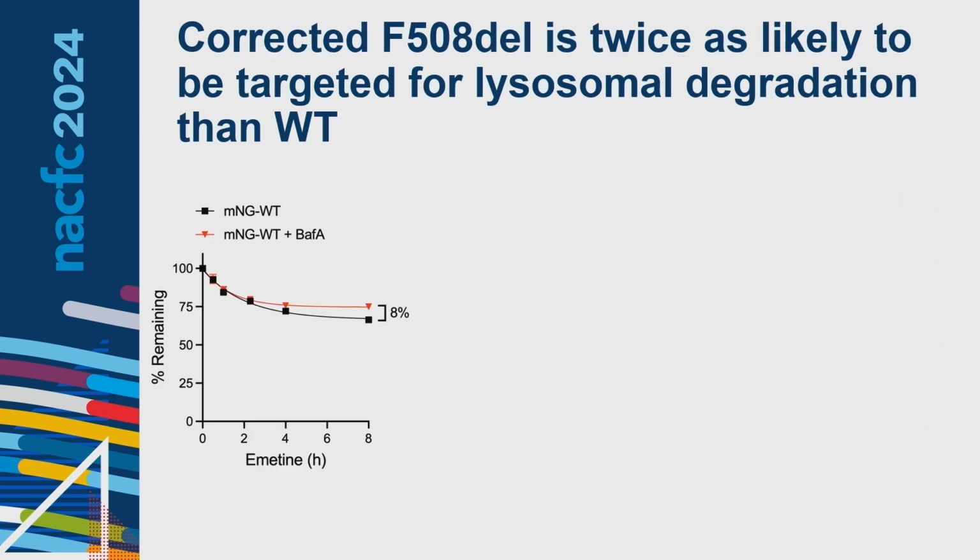Another thing that we noticed in our studies is that F508del is twice as likely to be targeted for lysosomal degradation than wild type. So we did these degradation curves with wild type, and we added in a lysosome inhibitor called bafilomycin A, and we found that by 8 hours, 8% had gone through endolysosomal degradation.